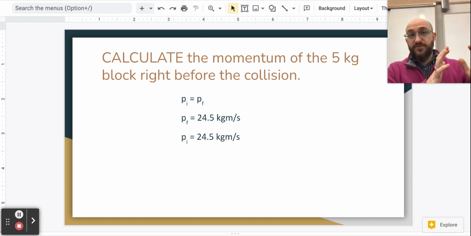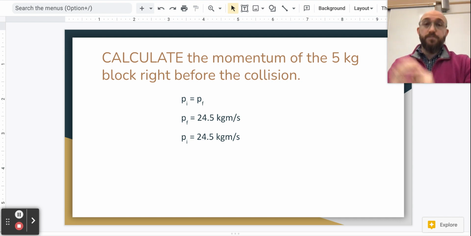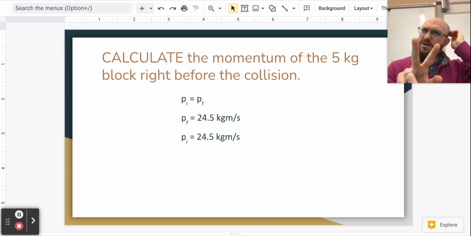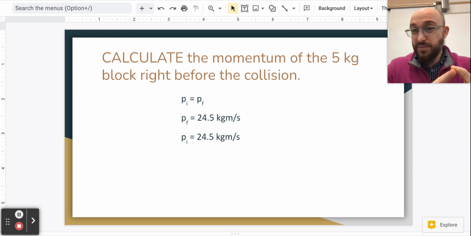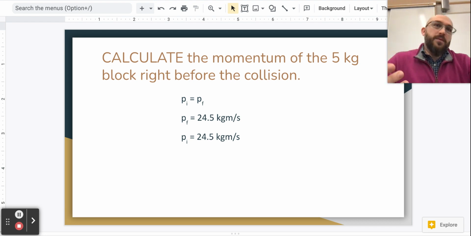So if the momentum after of the 2 blocks is 24.5, the momentum before of the 2 blocks will also be 24.5, right? But that's split between the 2 blocks. Oh, see, but our 3 kilogram block doesn't have any momentum because, if you remember, it has a velocity of 0. So all of that 24.5 came from the 5 kilogram moving block.